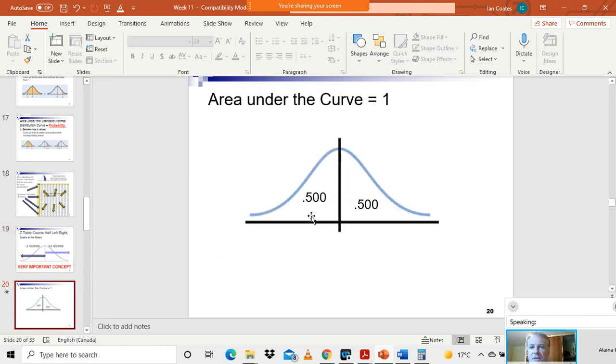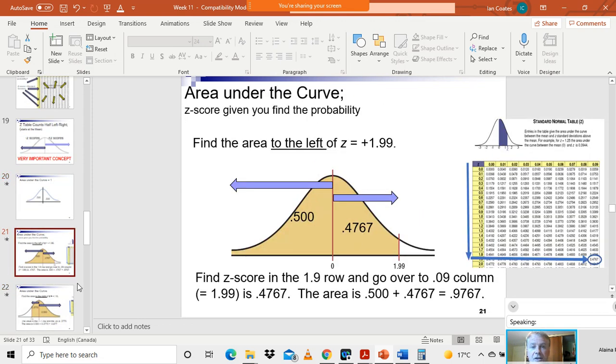You guys know this. The area under the curve is 100%, which is 1. And here we have 50%, 0.5, and 50%, 0.5. Very importante. Okay? So, have a look here. Here we go. Find the area to the left of z equals 1.99.